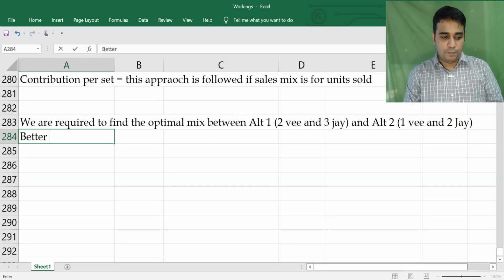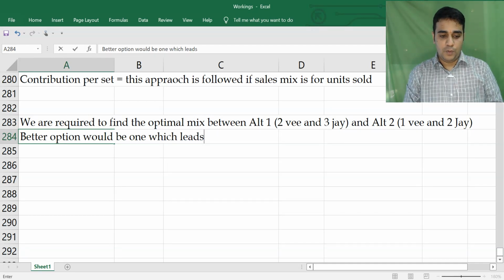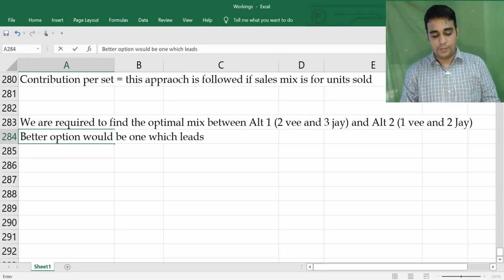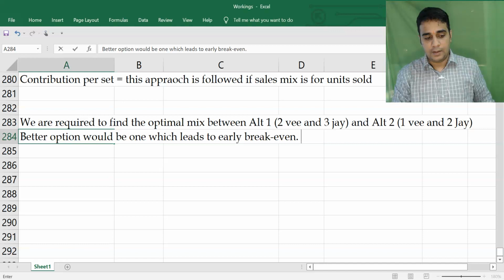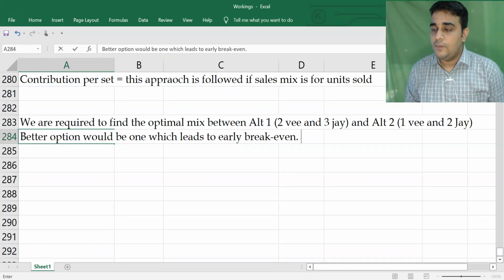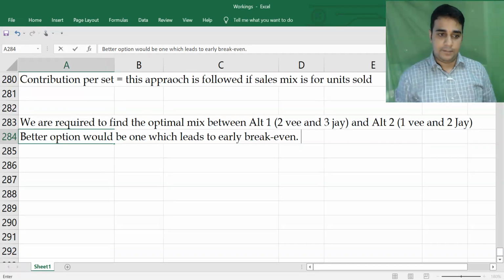Better option would be one which leads to early break even.